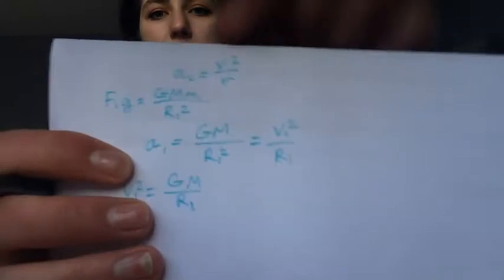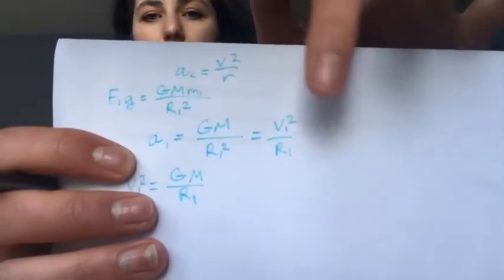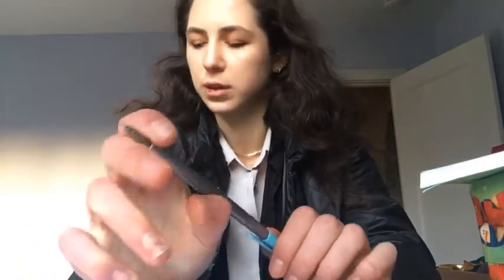We did that by taking these two and multiplying both sides by r1, so it canceled out on the side with the v1 squared. And then if we square root this, we'll get what v1 is, and that's equal to the square root of this whole thing, GM over r1.